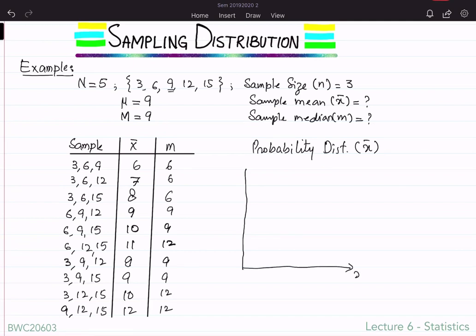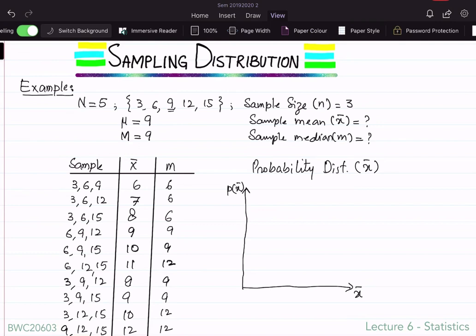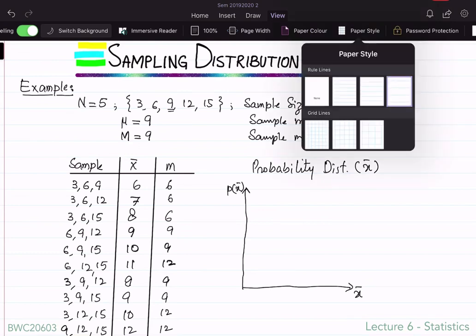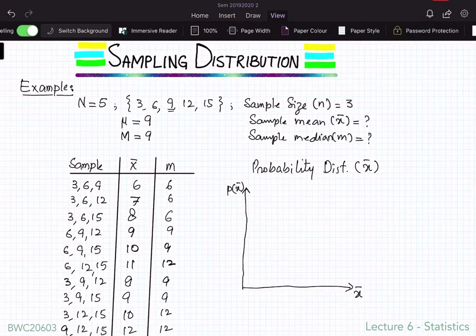On the x-axis will be the mean, and on the y-axis will be the probability of the mean. Let me change quickly to this one, it will be easier.